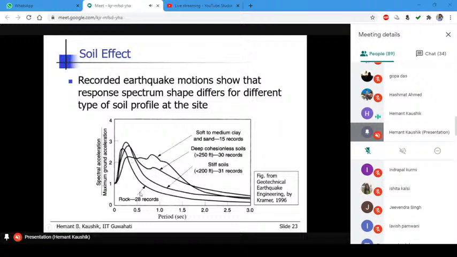But for most of the other structures, for softer soils, the response is low. Now it is very obvious why the response should be more, because the structure is actually free to vibrate on the softer soil. The soil is so soft that it does not provide much rigidity at the base. The structure vibrates more vigorously.